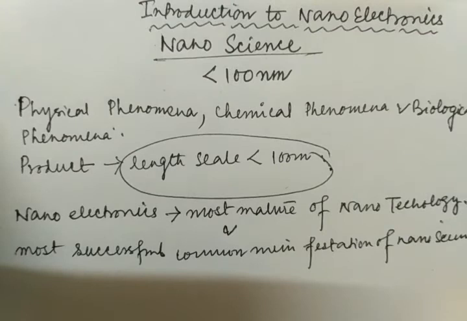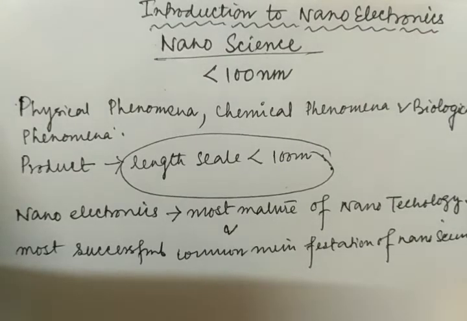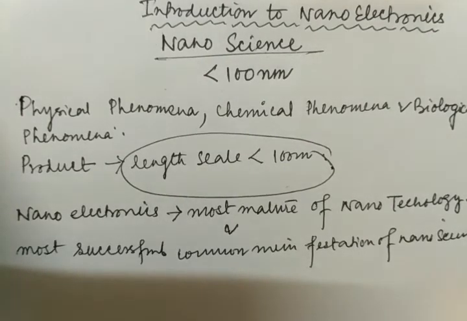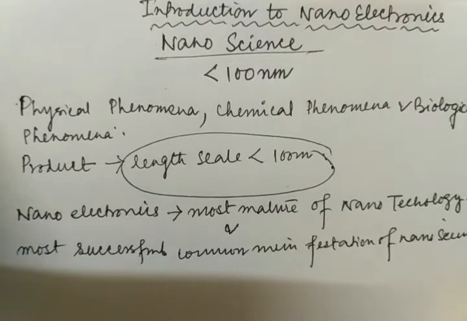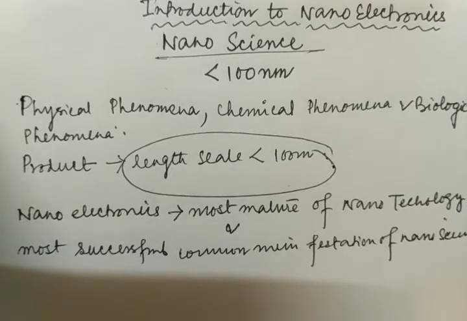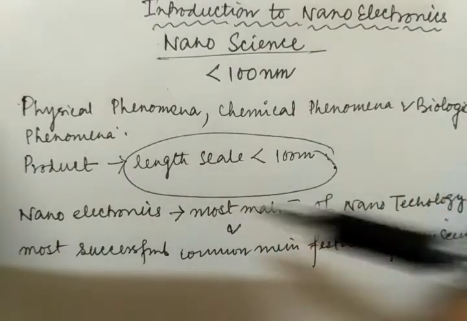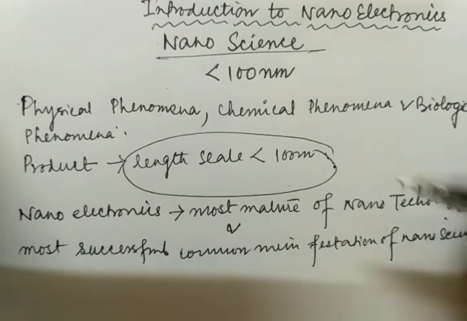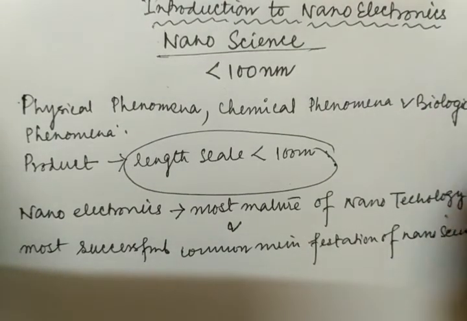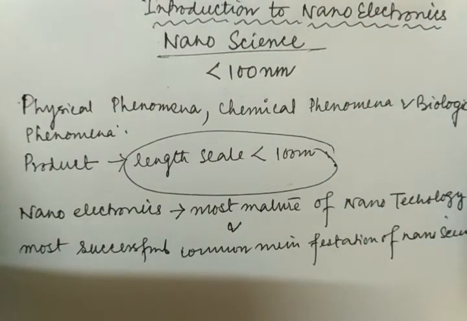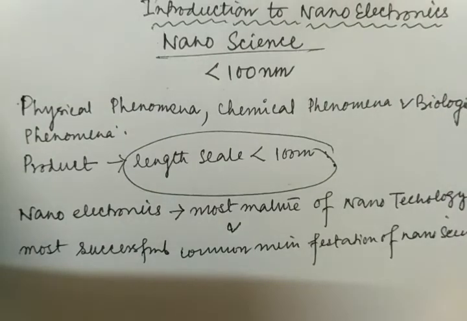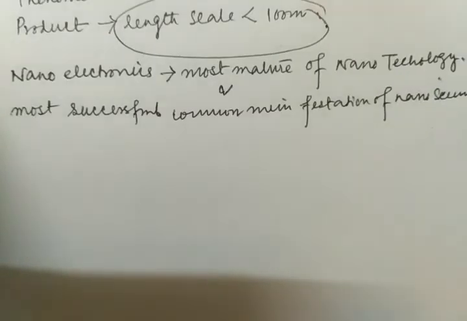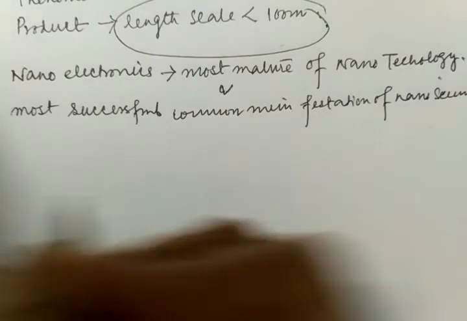Basically, it's a very small, very tiny part of nanoscience and nanotechnology, and that is nanoelectronics. Nanoelectronics growth in future will be realized through innovation in the new materials and the device structure. These two points are very important points that I want to focus on.